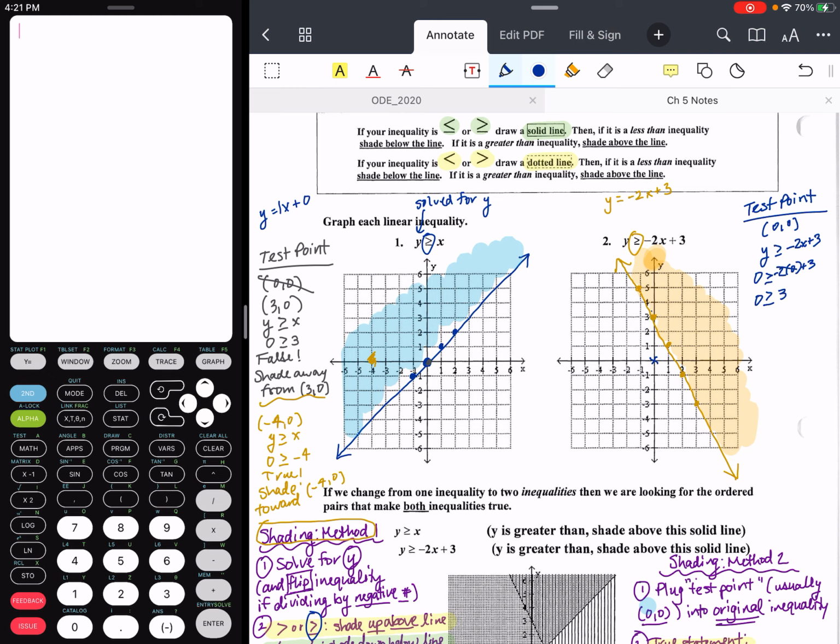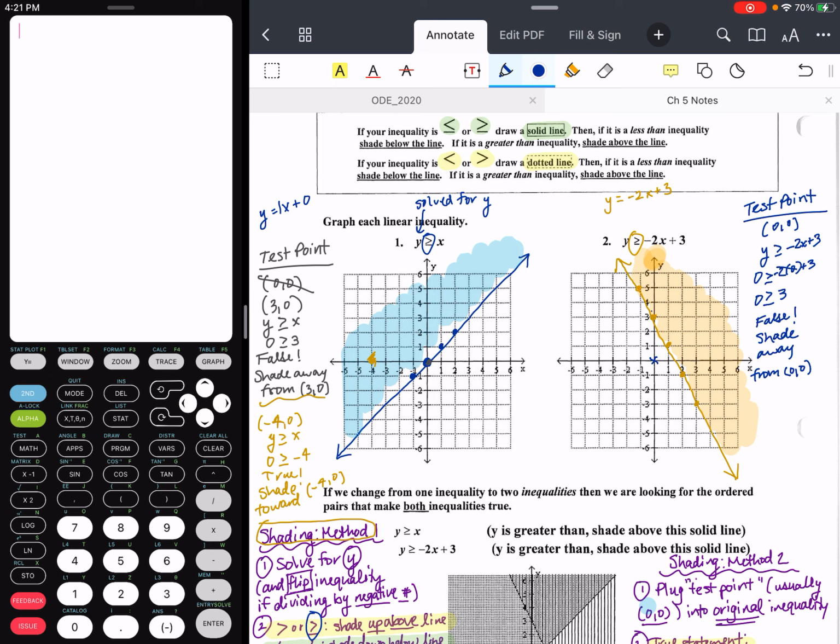This is a false statement. 0 greater than or equal to 3 is false. So I would want my shading to be away from 0, 0. And it is, right? I don't shade where I see 0, 0. I shade on the other side of the line. So 0, 0 is not shaded because it's not one of my solutions.